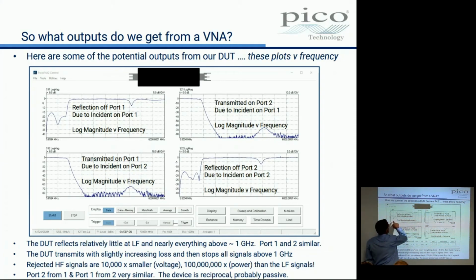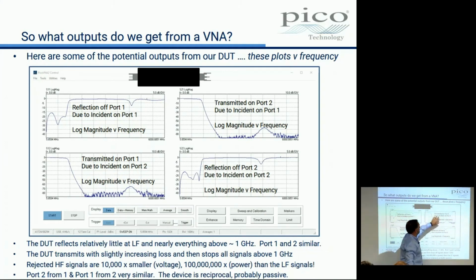This is the reflection off port 1 due to the incident on port 1. You can see the reflections from my DUT start off lowish and then they get high. Up here at naught, the signal coming back off this device is the same as the signal that was sent to it. It's rejecting the signal altogether. It's coming straight back at me.